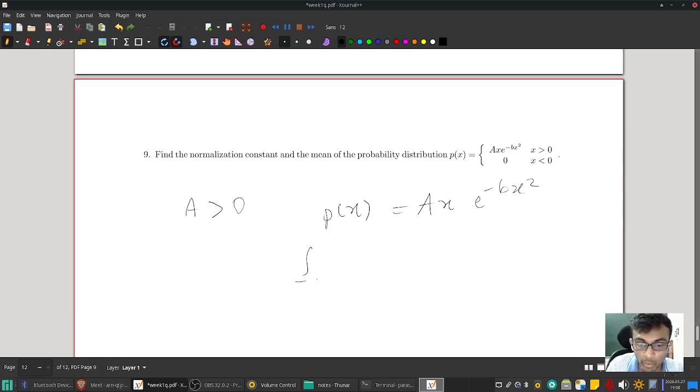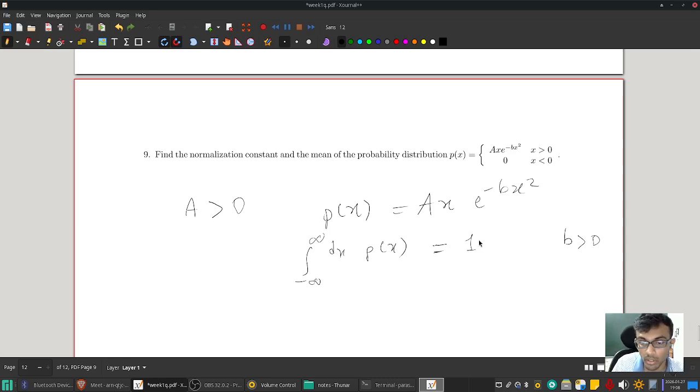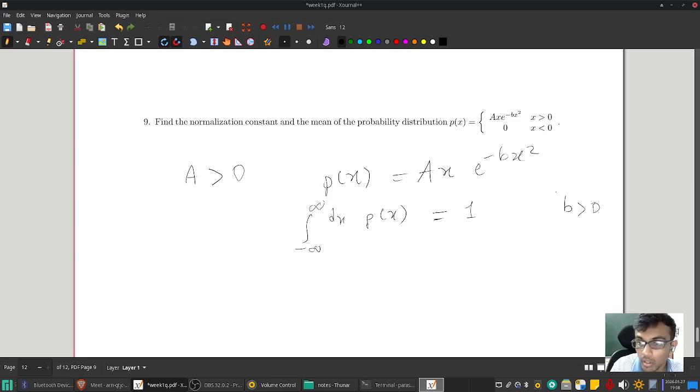And for normalization to work, for the probability to be finite, we need B to be positive, of course, for this integral to converge.